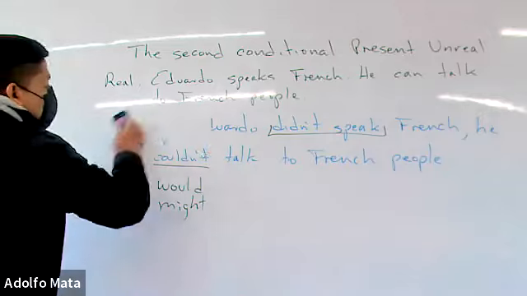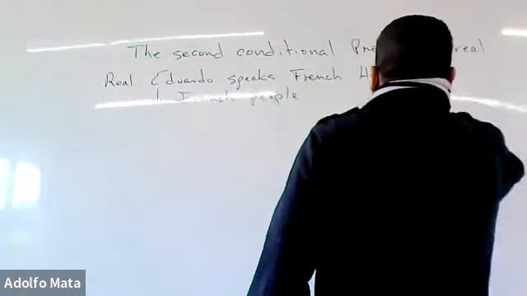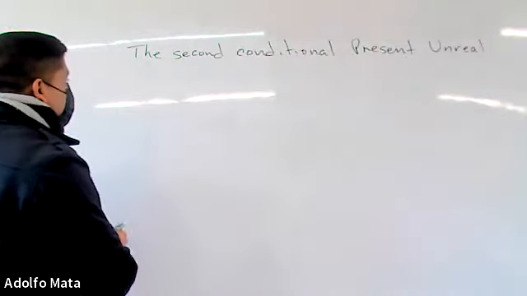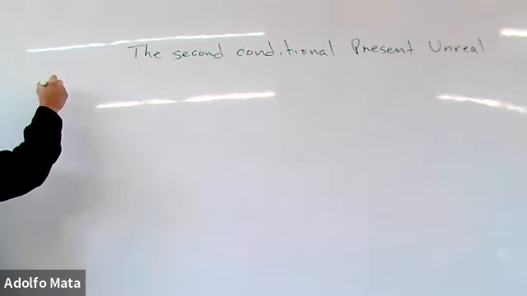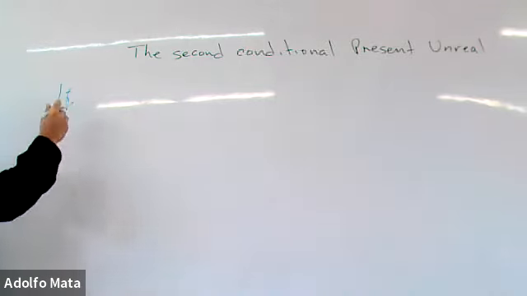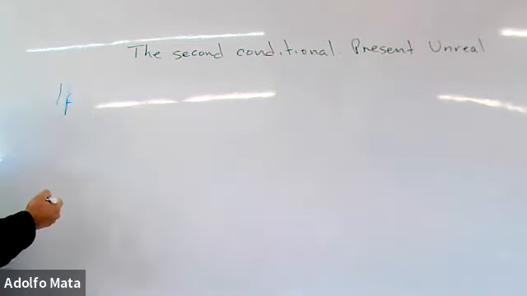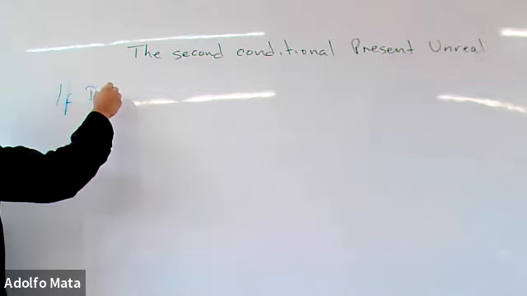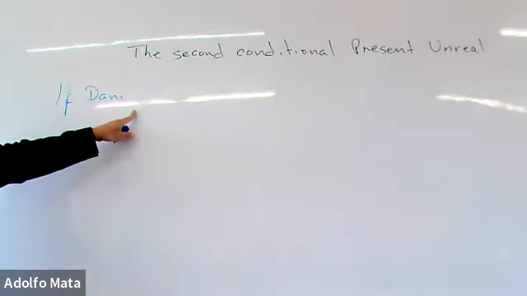All right? So I'm going to write the structure for the second conditional. That would be: if, let's say, if Danny, and then after if I use simple past, right?